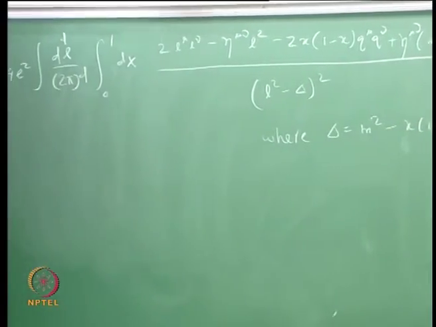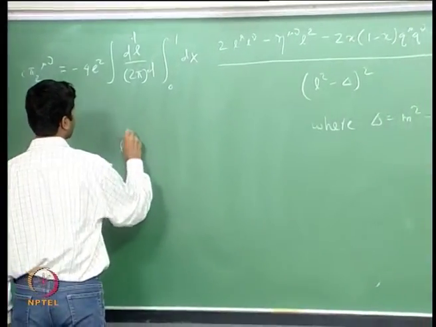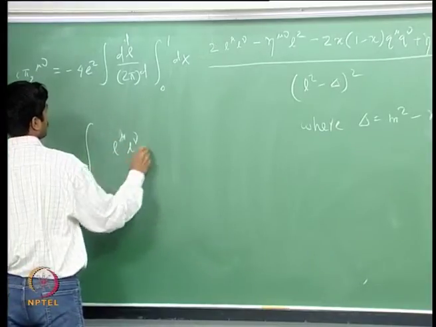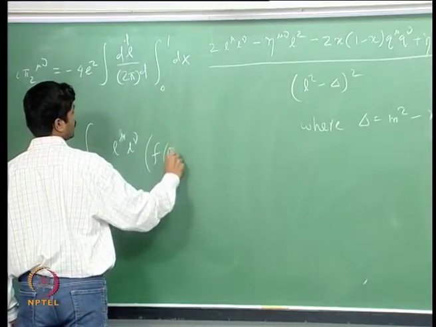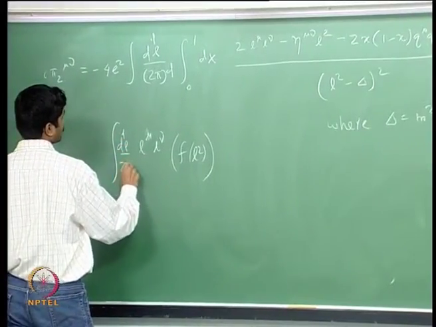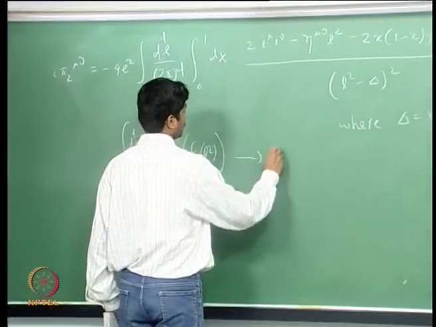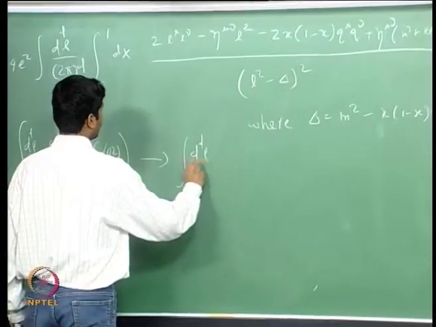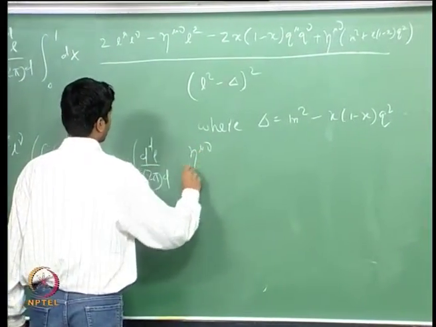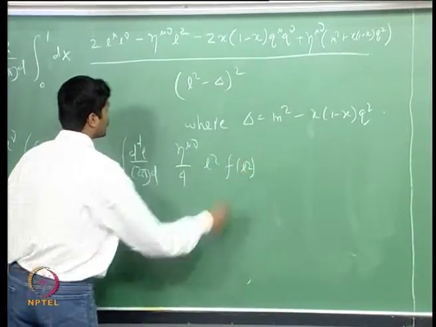This is what we need to evaluate, and I have already argued earlier that when you have L^μ L^ν with some function of L² here, ∫ d^d L over (2π)^d, you can replace this integration by ∫ d^d L divided by (2π)^d η^μν over 4 L² f(L²).